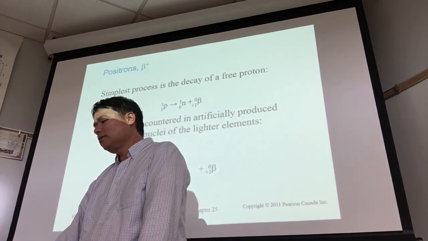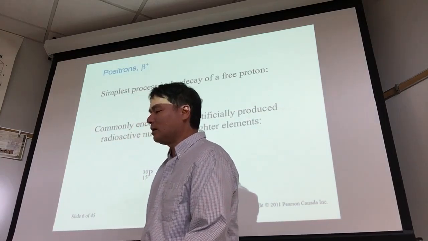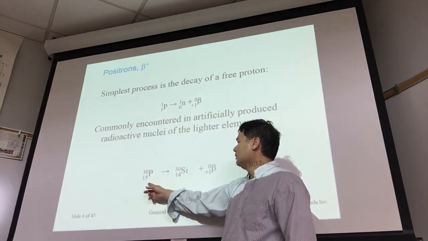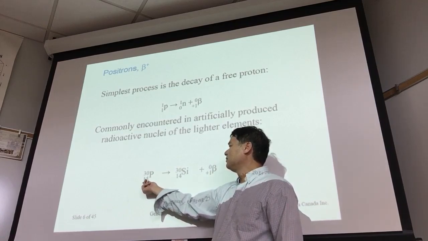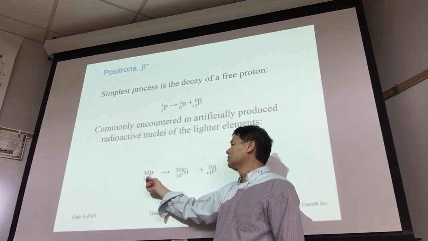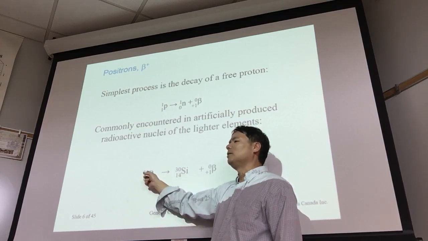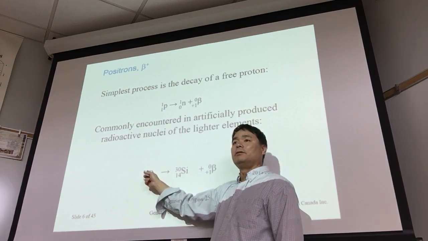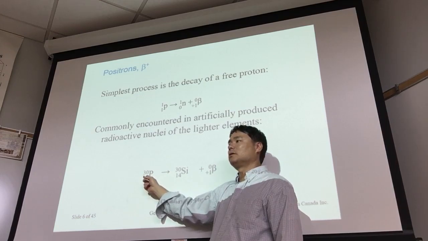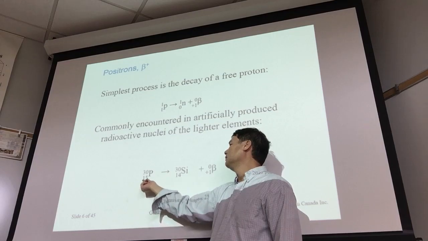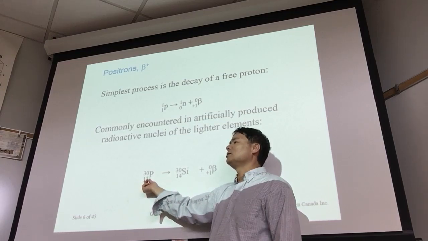Positron emission is commonly encountered in artificially produced radioactive nuclei of the lighter elements. Here we have P. It only has 15 protons, so you wouldn't expect it to be all that unstable, but what makes it unstable is an unfavorable neutron to proton ratio. If we have 15 protons, how many neutrons do we like to have?